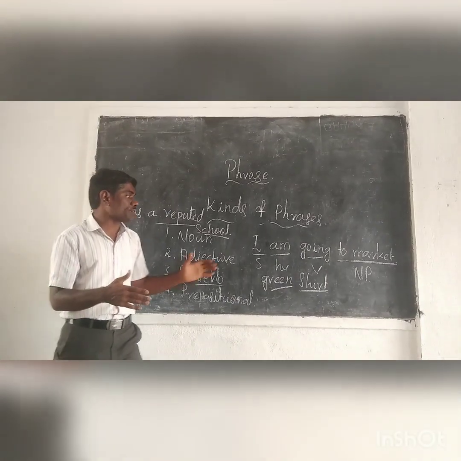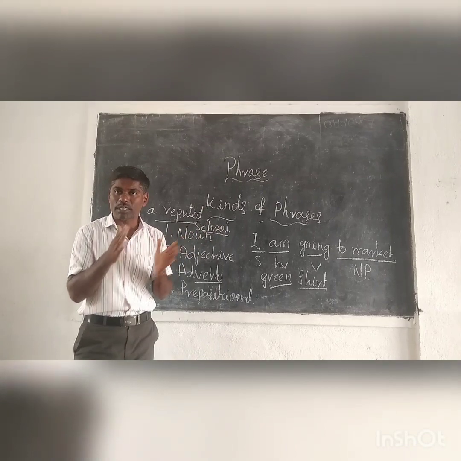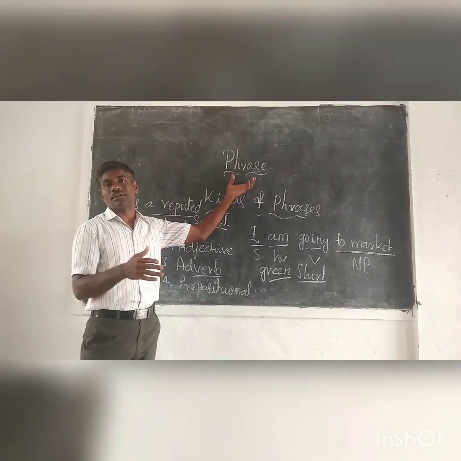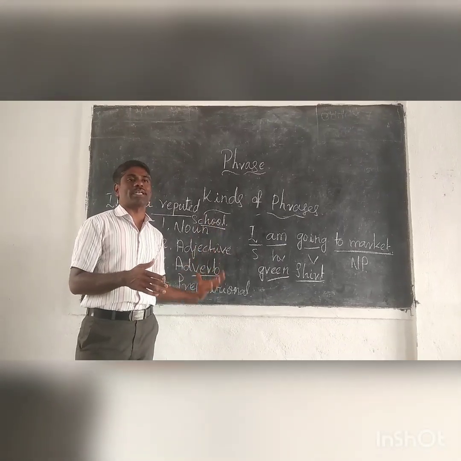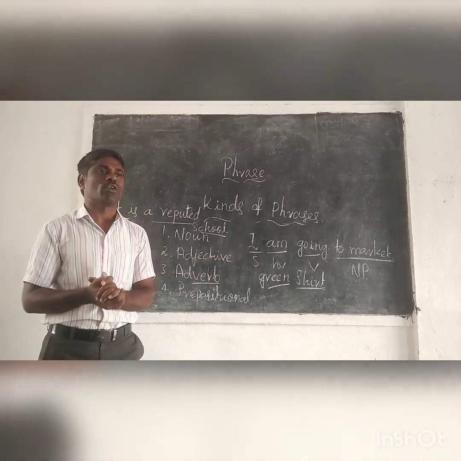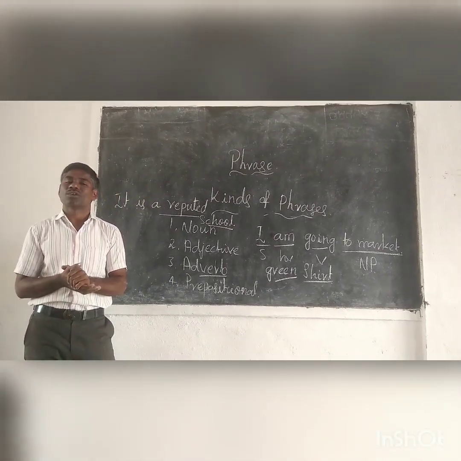Those kinds of words come together as a group of words in the sentence, or in part of the sentence, called the different kinds of phrases. So I hope you understand what a phrase is and what the kinds of phrases are. Okay, thank you.